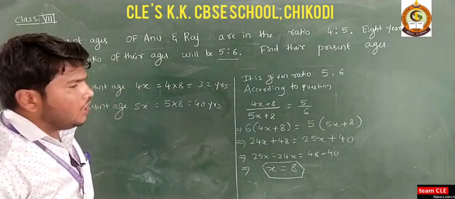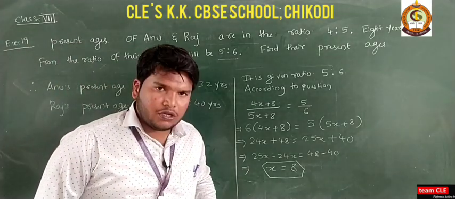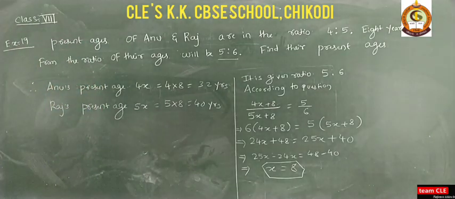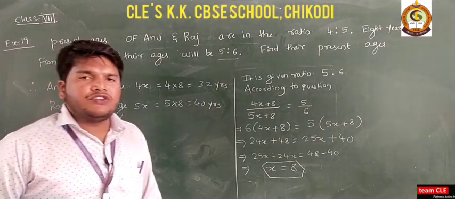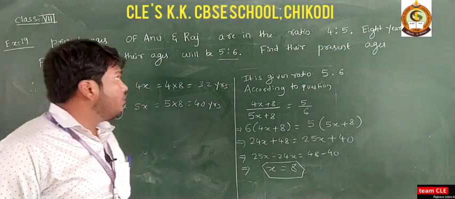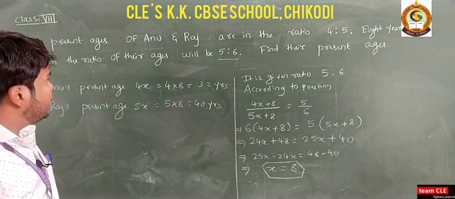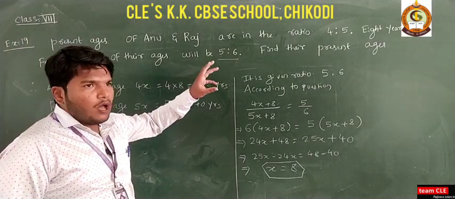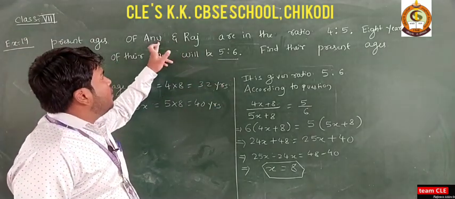Okay, so this is the concept of equations reducible to linear form, and I have solved two examples of this concept. In this you have seen how to find the present ages of Anu and Raj.